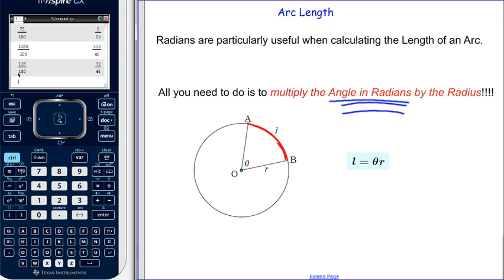So when we're finding arc length, we're finding how long this distance is. And an arc is a part of a circle, right? It's part of the length of the circumference of the circle. So what we will do to find that is we'll take theta, which is the measure of this angle, in radians. It absolutely has to be in radians, and we'll multiply that by the length of the radius. That's all we have to do.